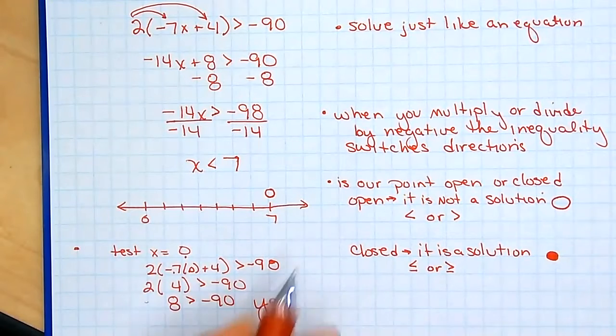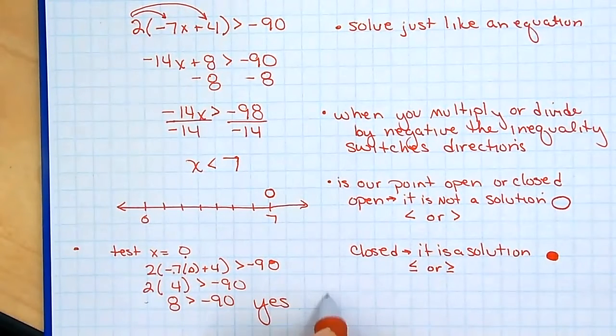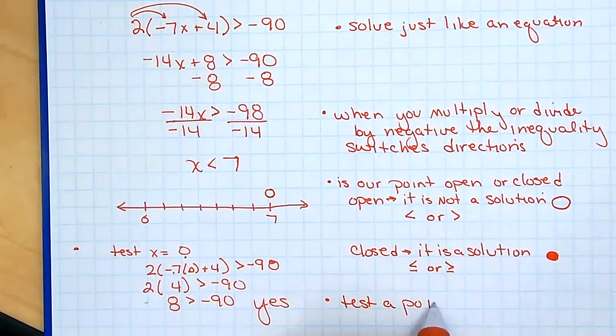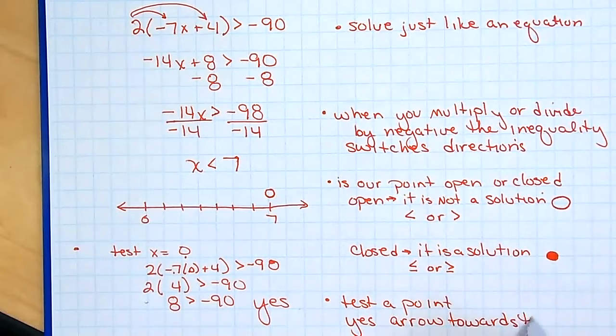So since it's yes, with your testing, so we're going to test a point. If your answer is yes, your arrow goes towards the point you tested.